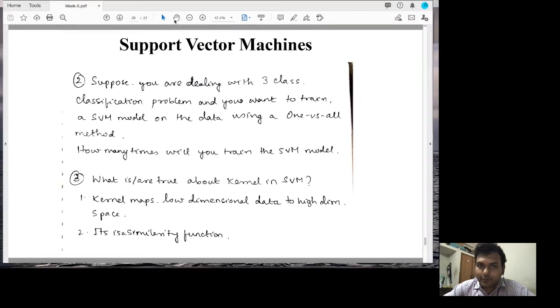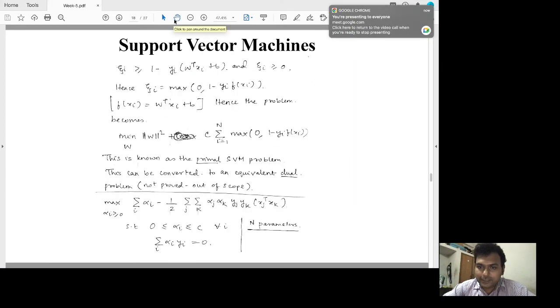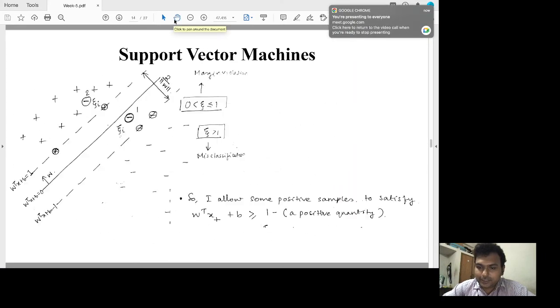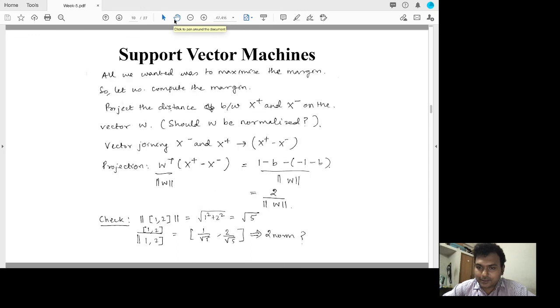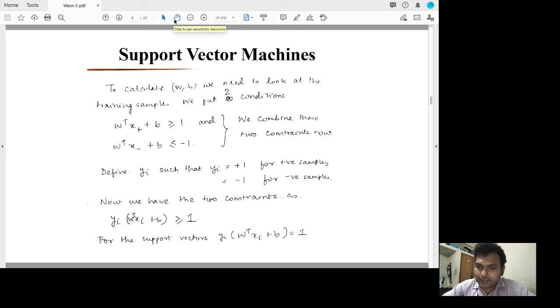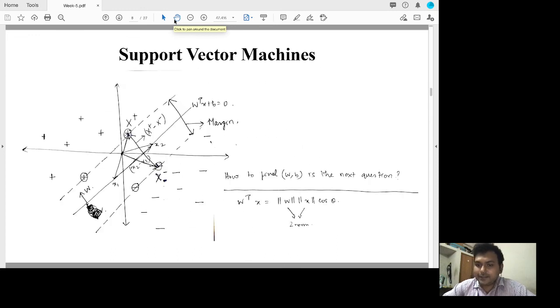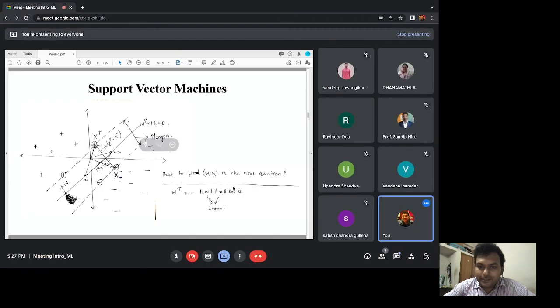Okay, I will go back to this particular slide and ask the same question. We are taking cos theta into consideration. In this slide, if you take W transpose X, you get cos theta on the right hand side, correct?